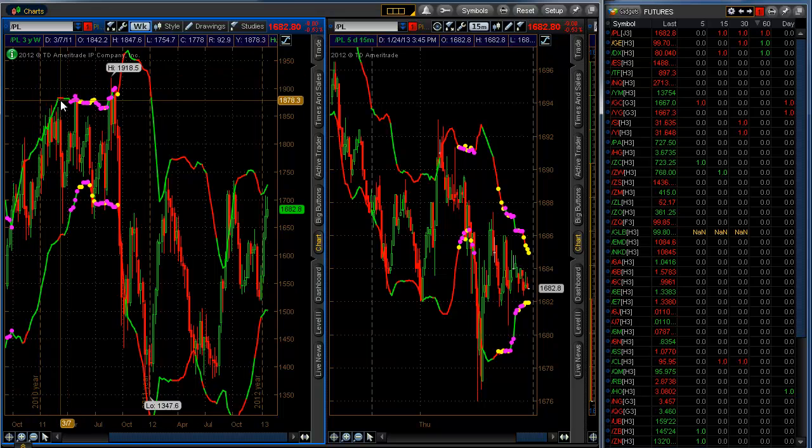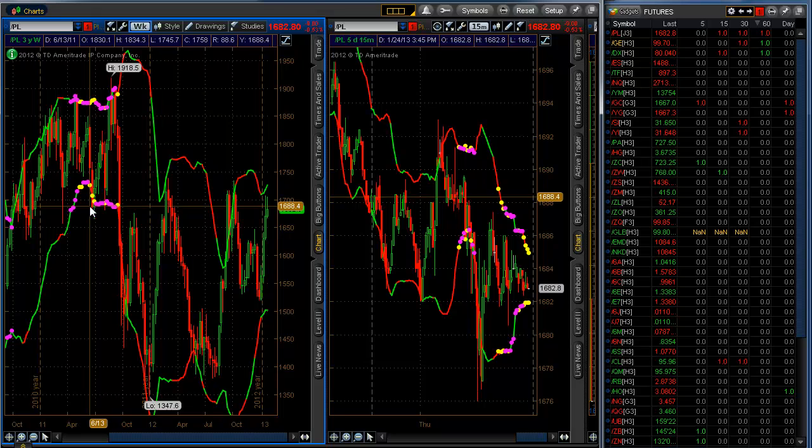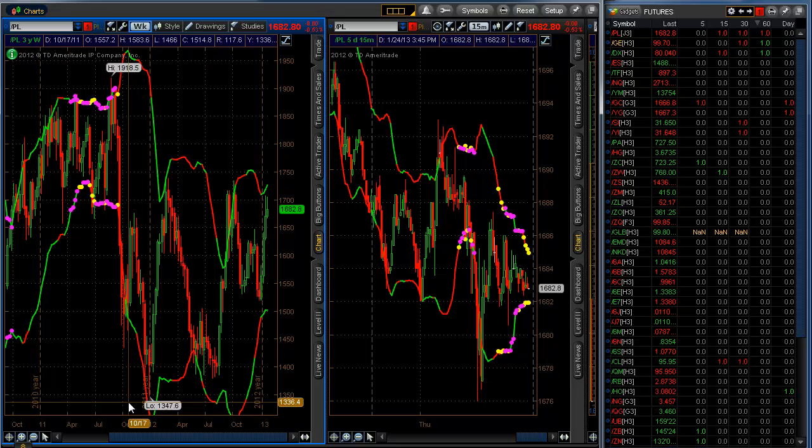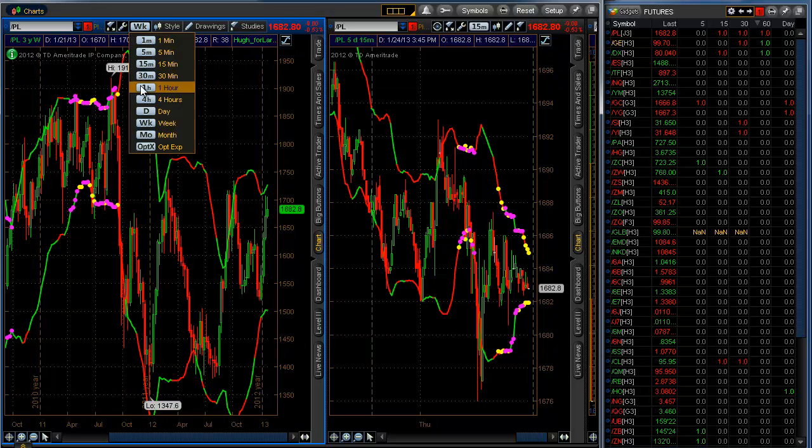So you can see this is on a weekly time frame. You can see the huge move that this scanner was able to pick up, and this was based on platinum. So if you'd had the scanner on a weekly, you could have seen this move coming from 1686 all the way down to 1336. That's on a weekly.